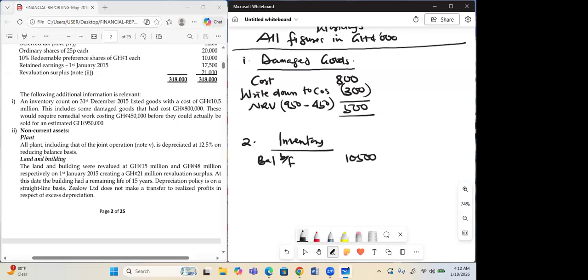Now, from working 1, we are supposed to write it down by 300, because of the damaged goods. So when we write it down by 300, our final inventory value becomes 10,200. Are you getting the point?